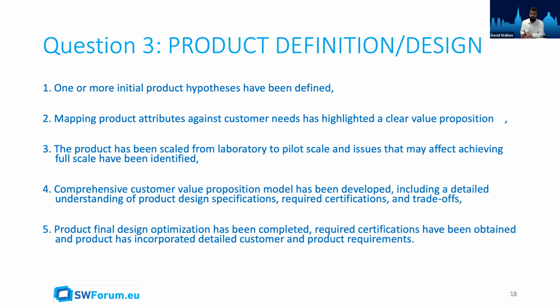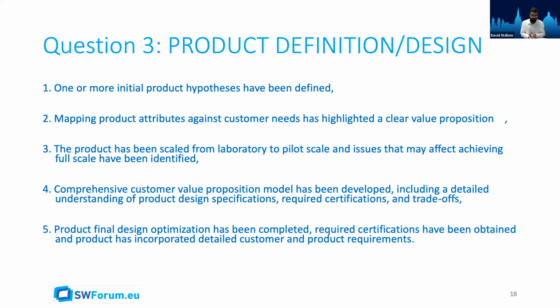Then, once we've got past that initial stage, it's about mapping customer need to design outcomes and ensuring that there is a value proposition that you're going to get out of the continued design and development of this product.